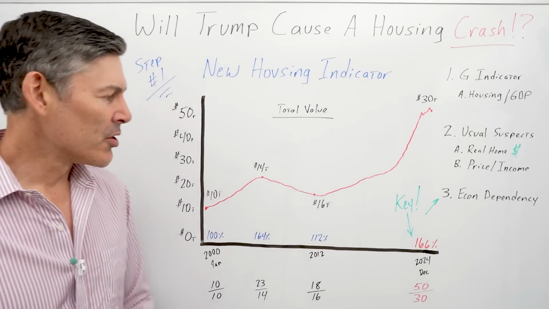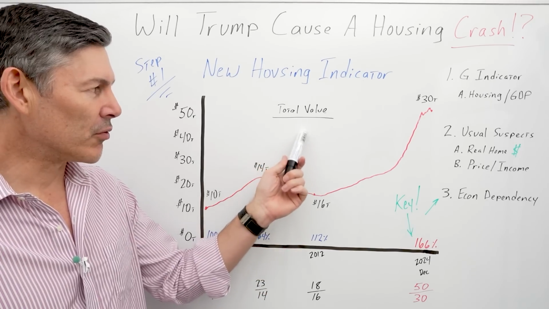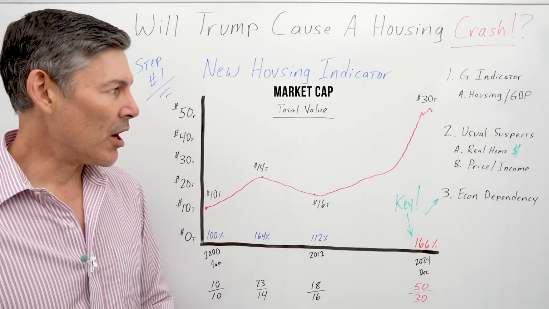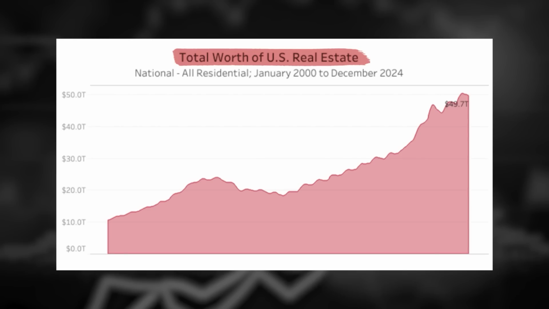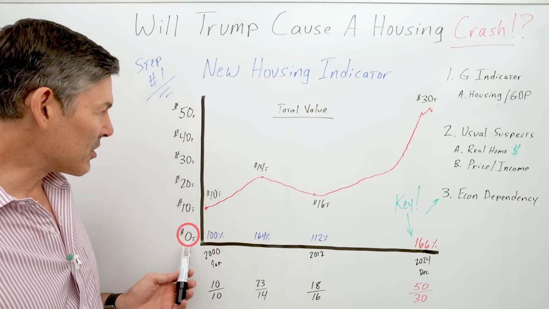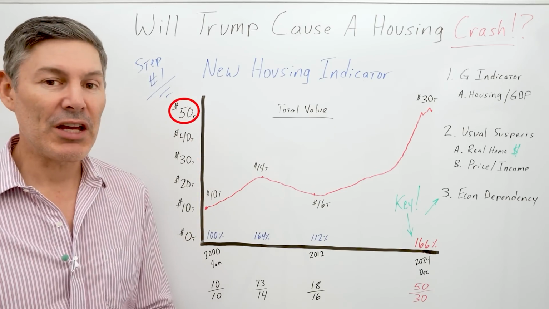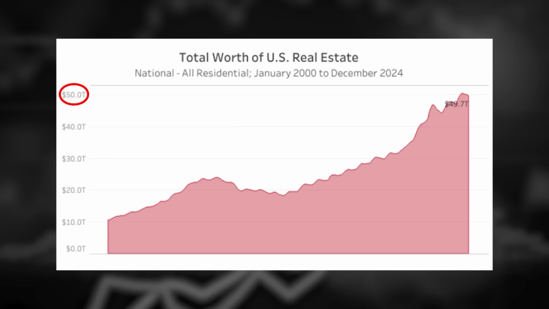Why not? So here we have the total value, or the market cap, if you will, of the United States housing market, residential. We go back to January of 2000, all the way to December of 2024. On the left, we go from 0 up to $50 trillion.